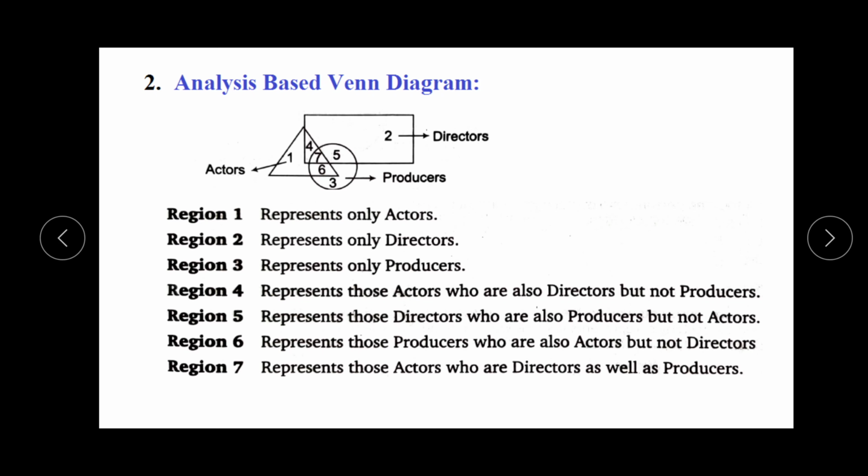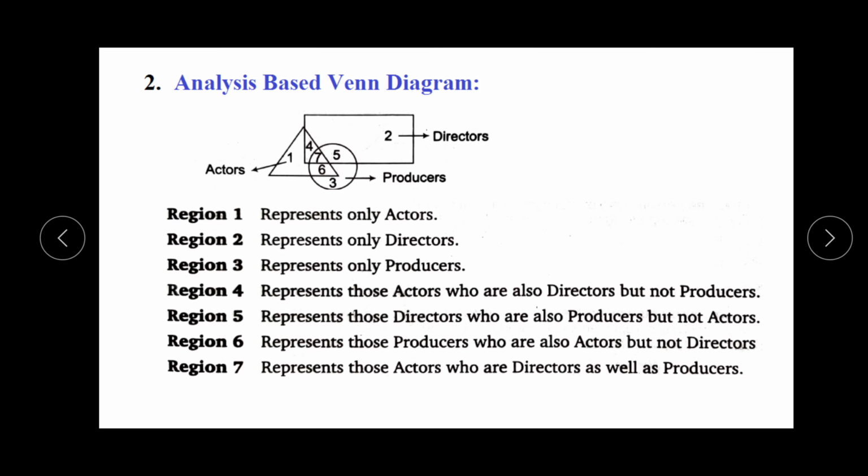Region 4 shows that the persons in this region are directors and also actors, but not producers.